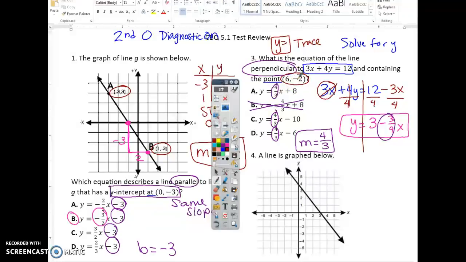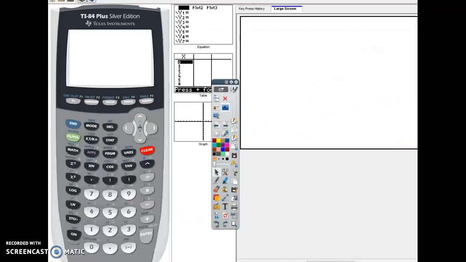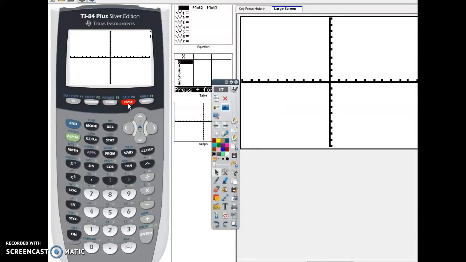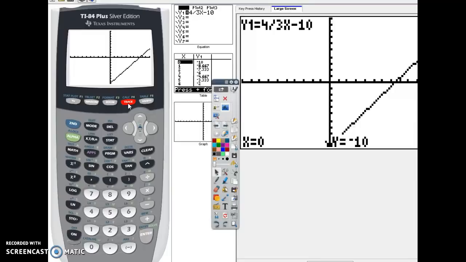What's the answer that y'all got? C. C, let's put C in the calculator. Y equals 4/3 x minus 10. Trace. Type in 6, enter, and make sure that it gives you a -2. Okay, so that's how you find that the answer is C.